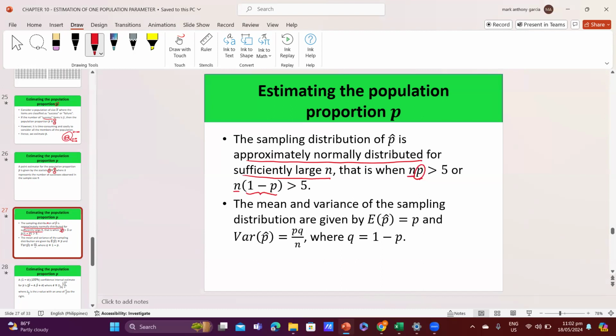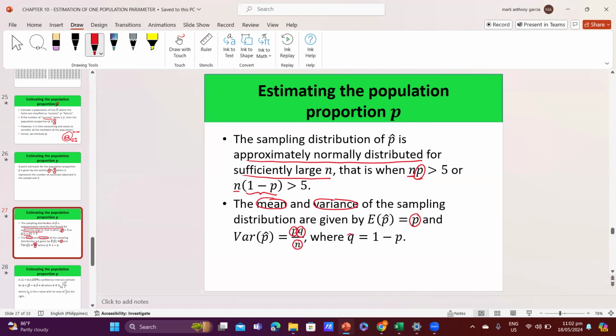So since this is approximately normally distributed, the mean of the sampling distribution of p hat is equal to the proportion of success, and its variance is equal to the proportion of success multiplied by the proportion of failure over the sample size small n.